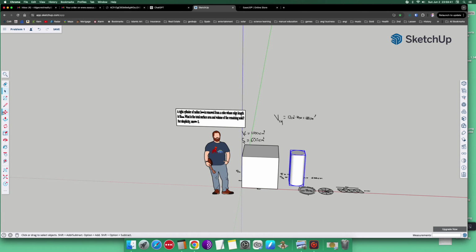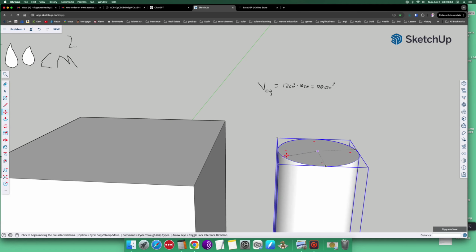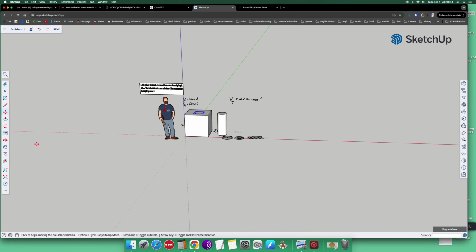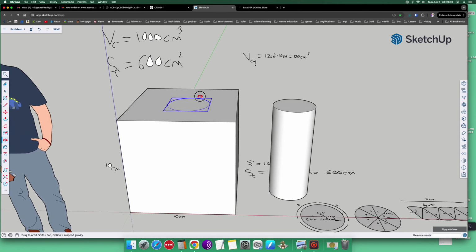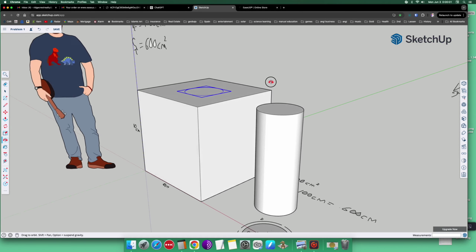Watch what I do now. I'm going to make a copy of this and drag it over. Look, I'm going to come over here roughly about right here. Look at that. So now I put this cylinder in the cube. See it? Is that neat?